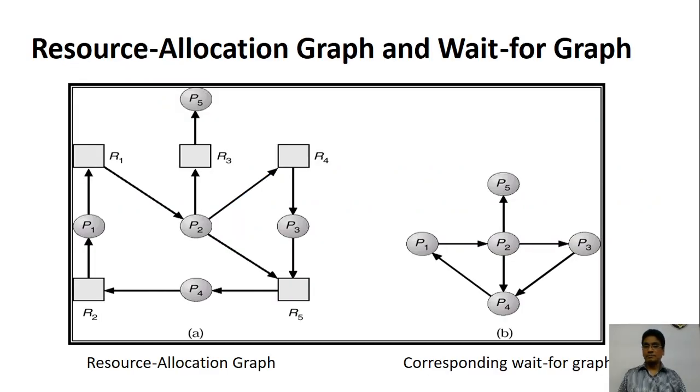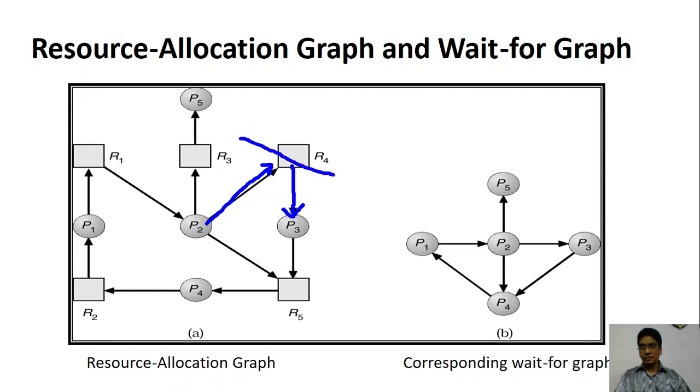It is as simple as that. Now let's look at the resource allocation graph, which you are already familiar with. In the resource allocation graph, you will notice that process P2 is waiting for the resource R4, and that resource R4 is already being used by P3.